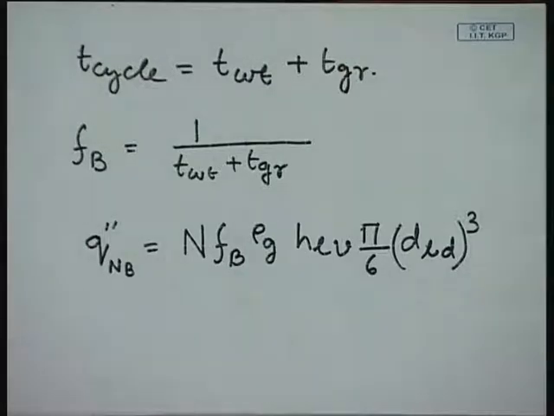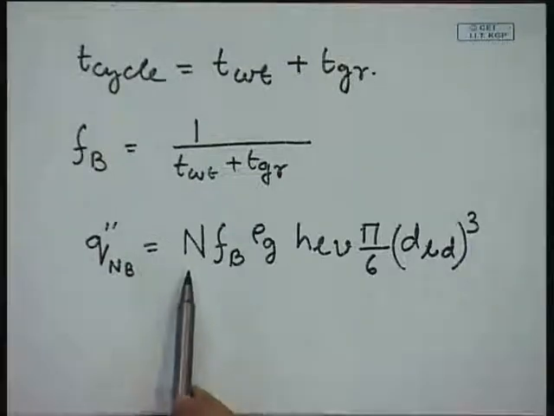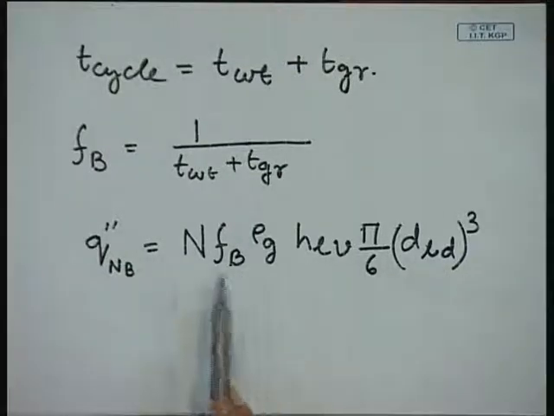Then remaining is N. N is the density of the activated nucleation sites on the particular surface on which boiling is taking place. Now, N is the most crucial of all these components. How to estimate N?